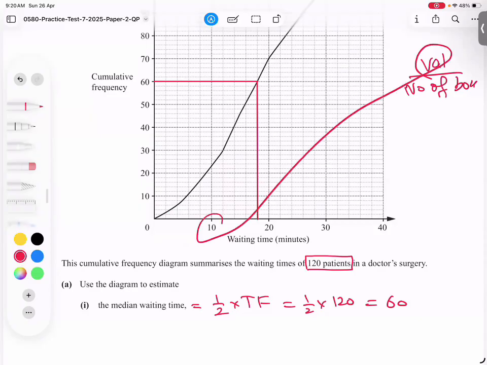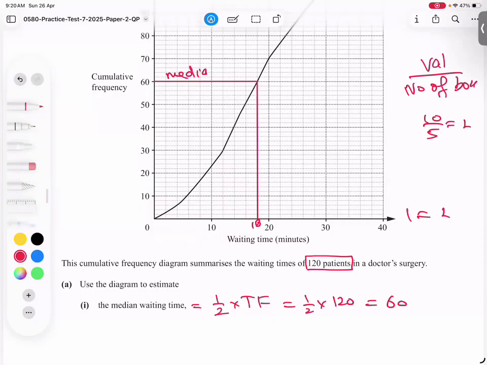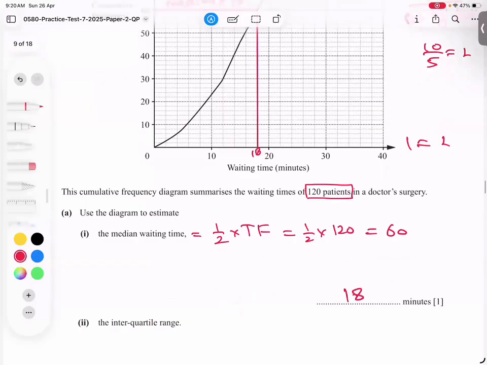So 10 is the value and the boxes are 1, 2, 3, 4, 5. So 10 by 5 we got 2. So one box is 2. So this is not 20, one box is 2, so 18. This number is 18. So 12, 14, 16, 18. So this is the line for the median. Okay, we got a median of 18 minutes.